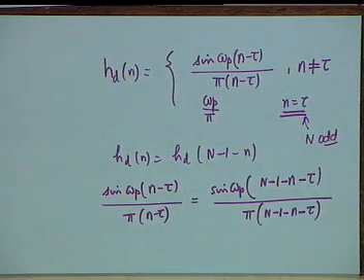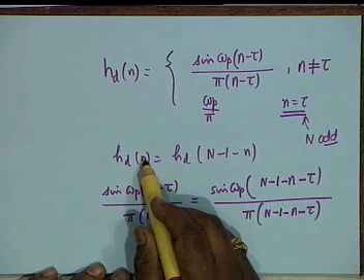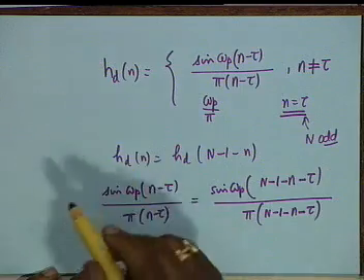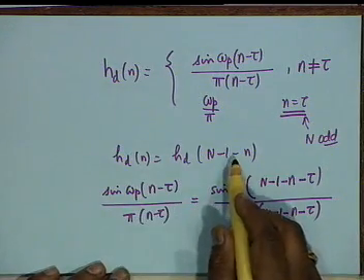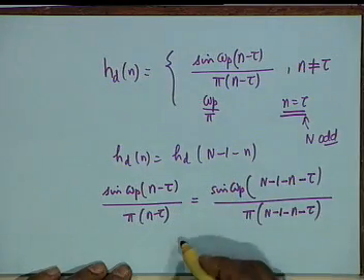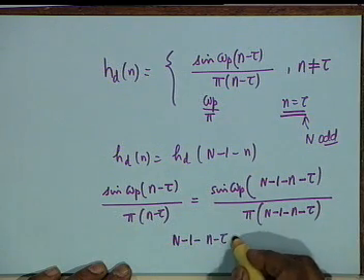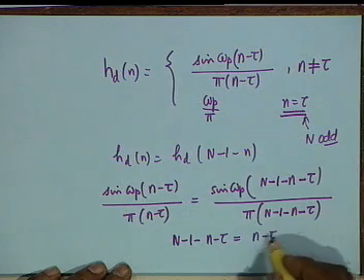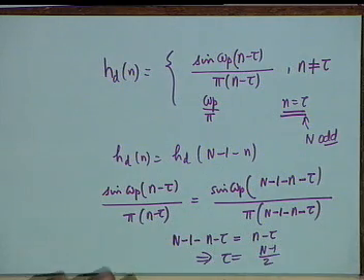Hdn should be equal to hd of n minus 1 minus n. Obviously, they are equal if small n equal to n minus 1 by 2. Isn't that right? That is for one specific value of n. We want this relationship to be valid independent of n. Therefore, the relationship is n minus 1 minus n minus tau should be equal to n minus tau, and this gives rise to tau equal to n minus 1 by 2.